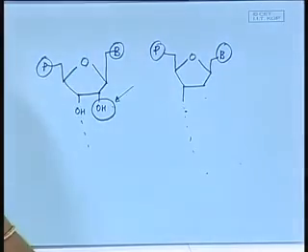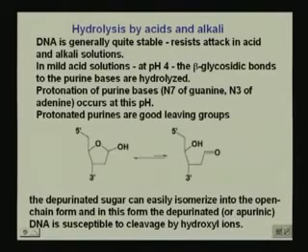So, DNA actually is quite stable, and in mild acid solutions at pH 4, in this case we have a different kind of hydrolysis, whereby the purine bases themselves are hydrolyzed. Since the OH is absent at the 2' position, unlike RNA, the beta glycosidic bond to the purine bases is hydrolyzed, and we also have protonation of the purine bases.